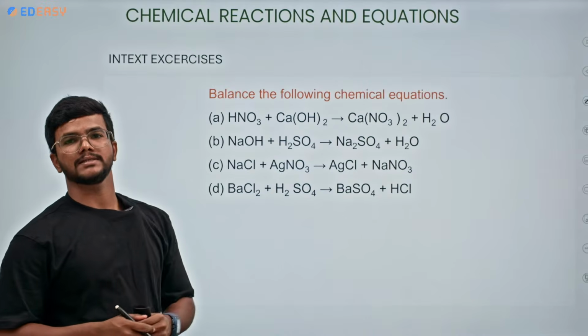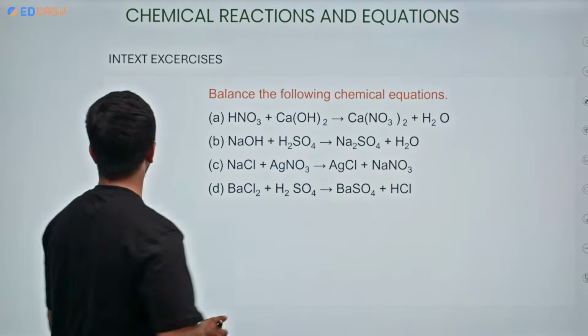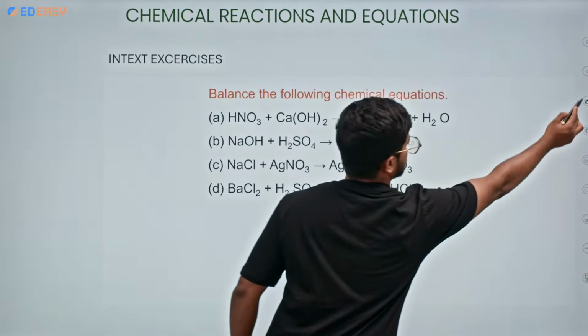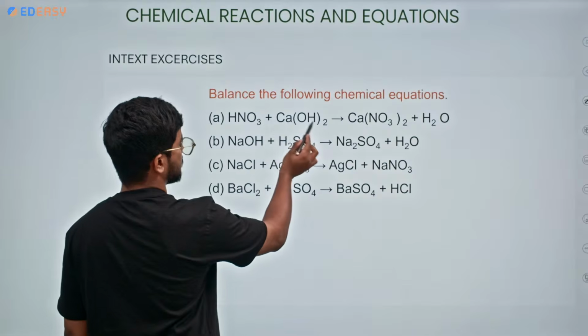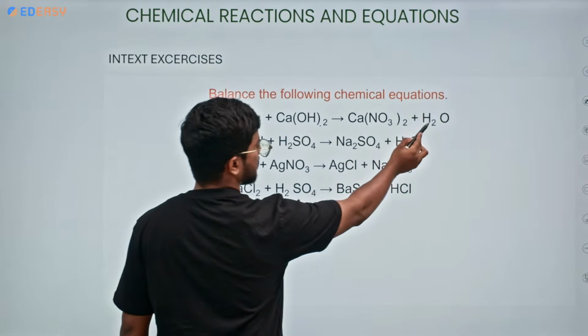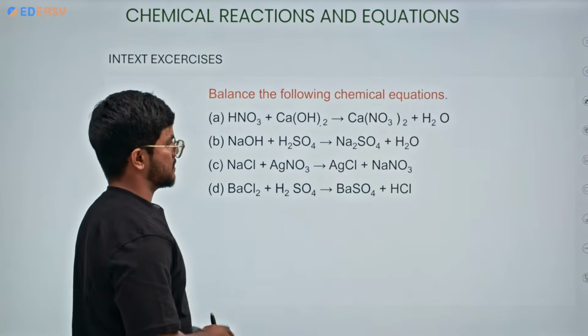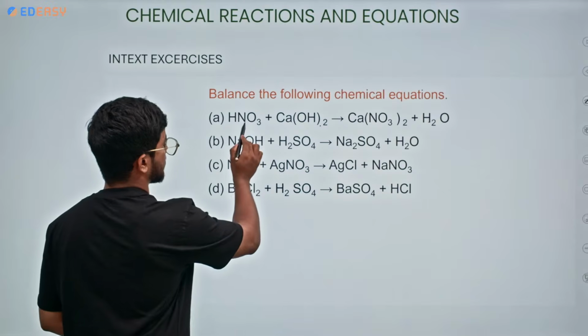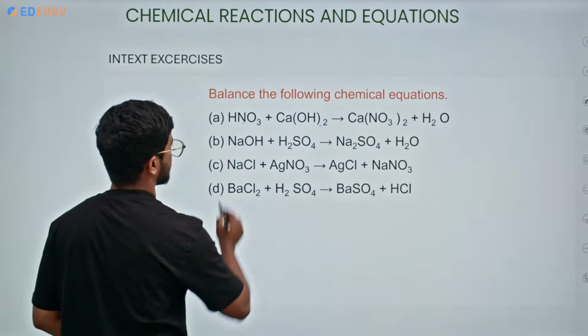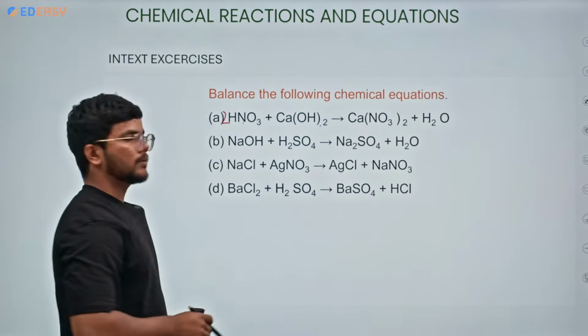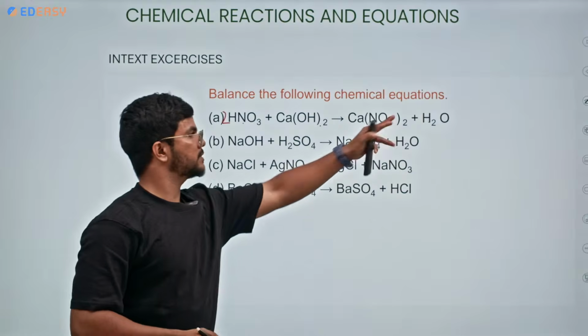Next, balance the chemical equations. We can balance it right here itself. Hydrogens here are 1, 2, 3 hydrogens, here 2 hydrogens. So how can we balance this? There are 3 nitrates, 1 nitrate here, 2 nitrates. First we will balance the nitrate. Just keep 2 here, 2 NO3, 2 NO3, balanced.